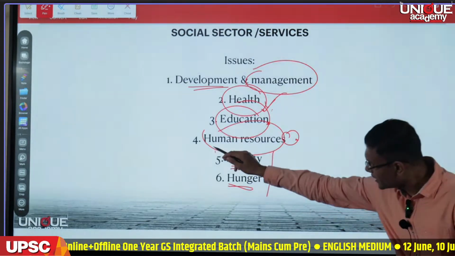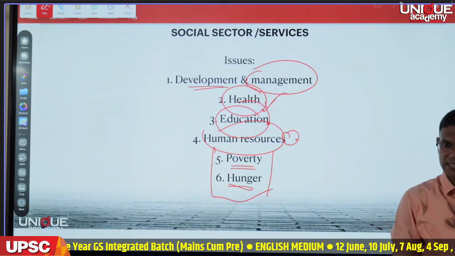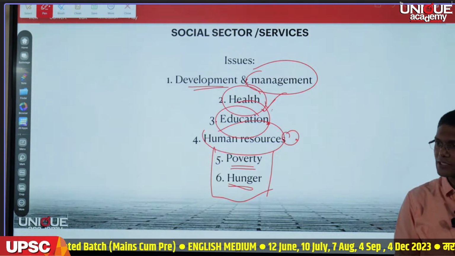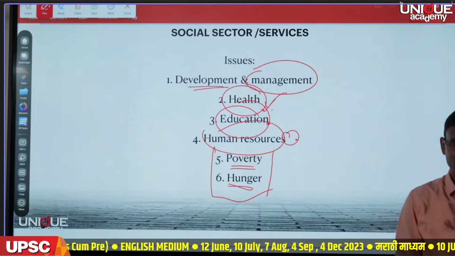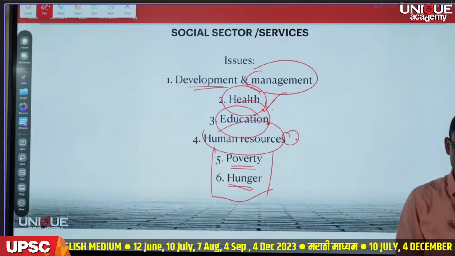For poverty and hunger, for these 2 things, you'll find that questions which UPSC asks in paper 2 almost appear as if they have come from paper 3. Getting it? So there is an overlap.